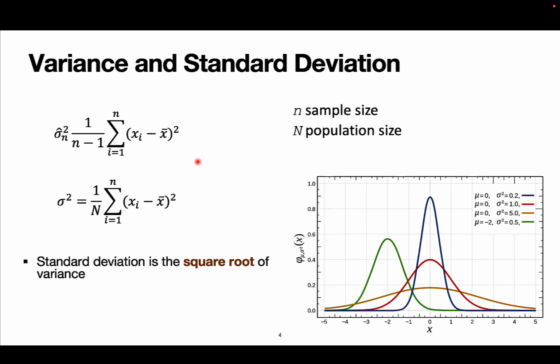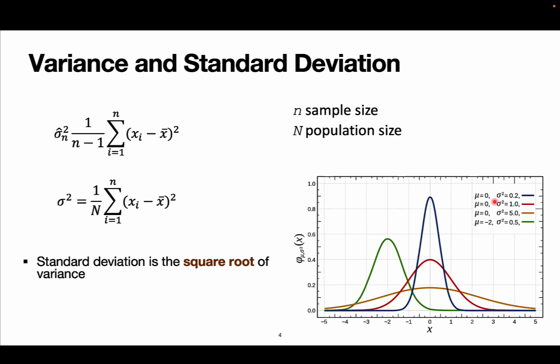It's important to note that there are two variances and two standard deviations, one for the entire population and the other for the sample.